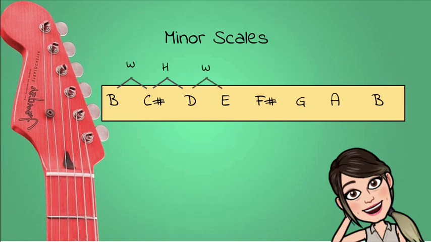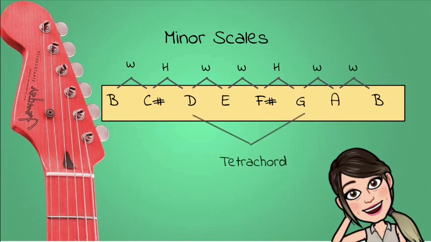D to E is a whole step. E to F sharp is another whole step. F sharp to G is a half step. G to A is a whole step. And A to B is a whole step. And the tetrachord is right in the middle.